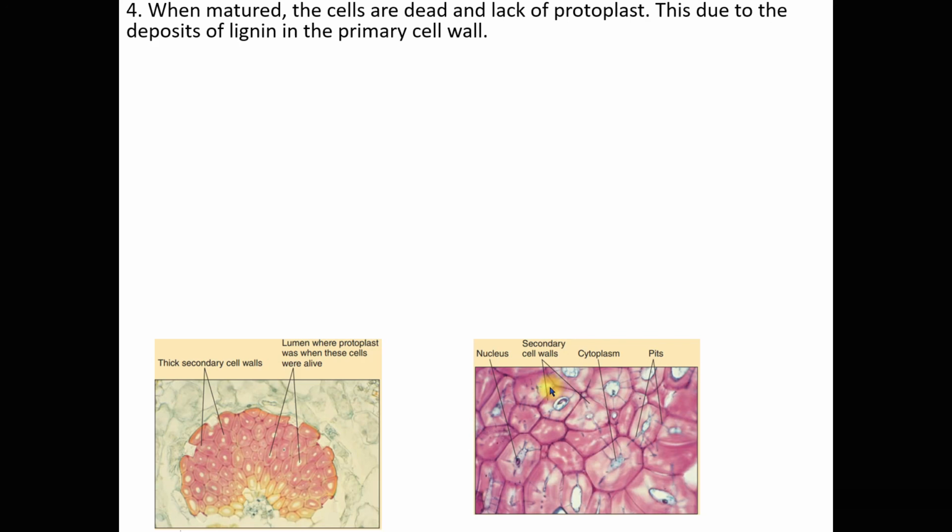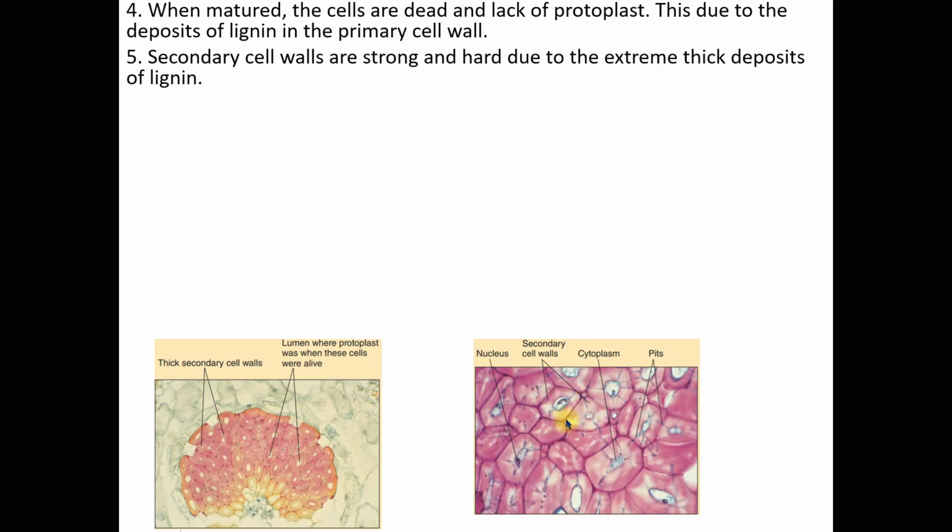This one on the outside is the primary cell wall. The one on the inside is the secondary cell wall. So this deposition of lignin is inside both primary and secondary cell wall.